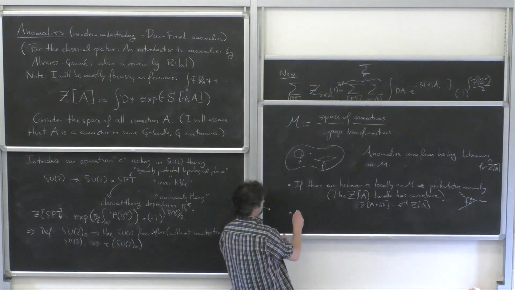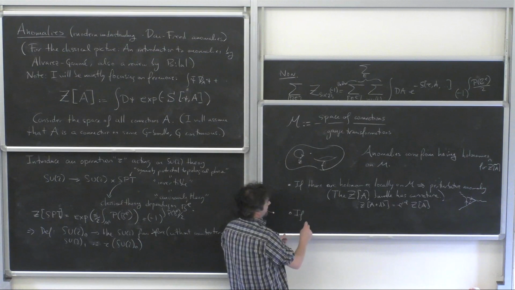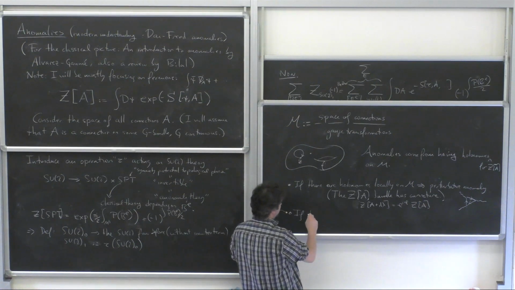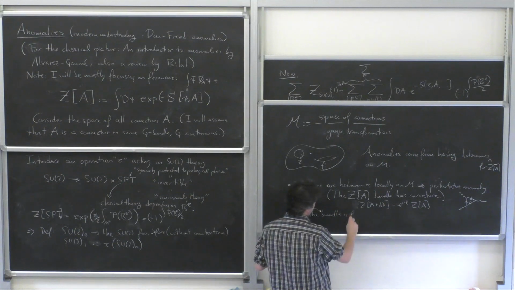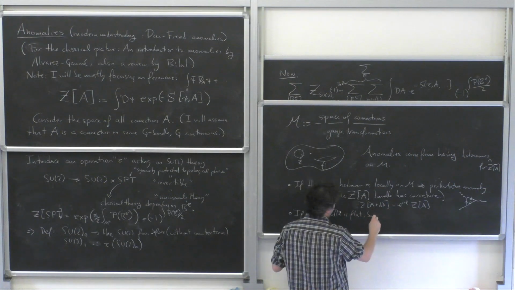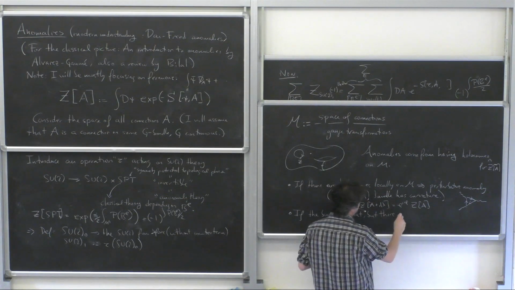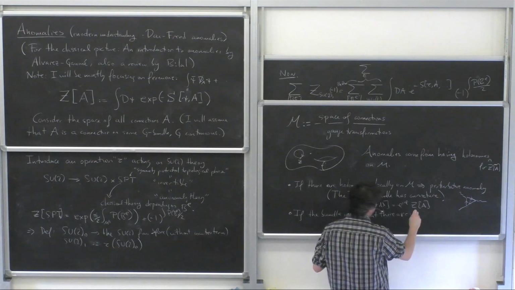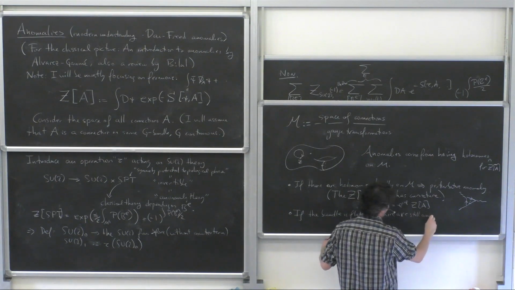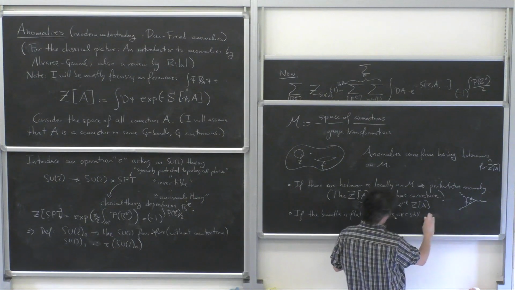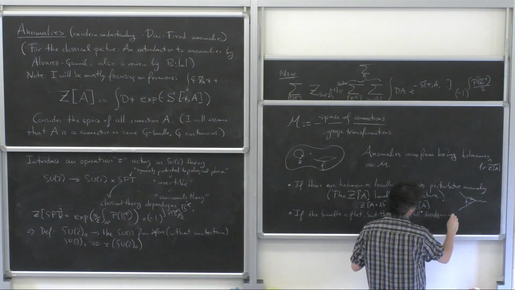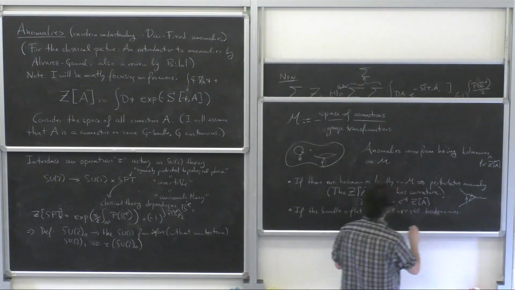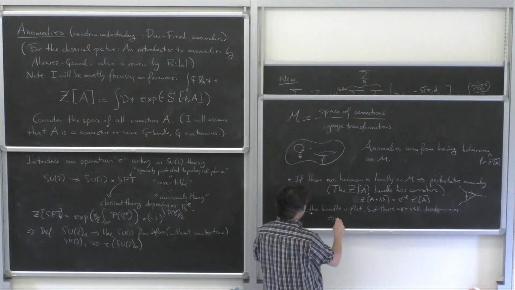So if the bundle is flat, but there are still anomalies, so there are still holonomies, we say that we have a non-perturbative anomaly.